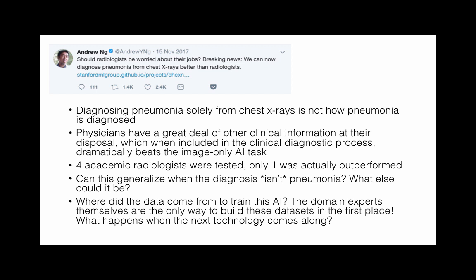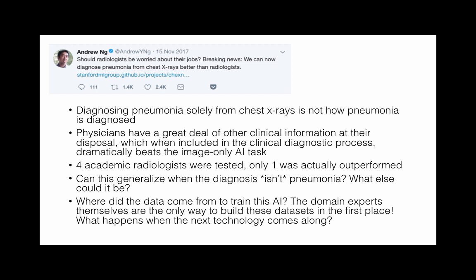But the original CheXNet paper out of Stanford said a lot of things, but a lot of the things it said about its performance on chest X-ray diagnosis really didn't conform to how the underlying disease states were diagnosed in a real clinical environment. In fact, it had very little to do with it.